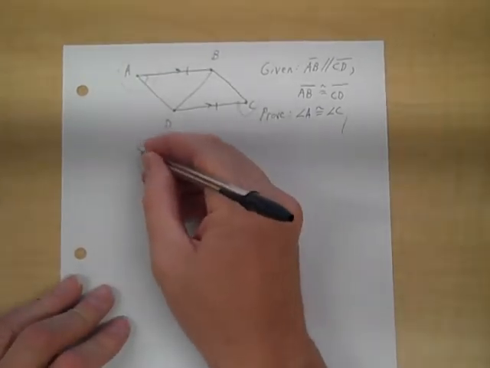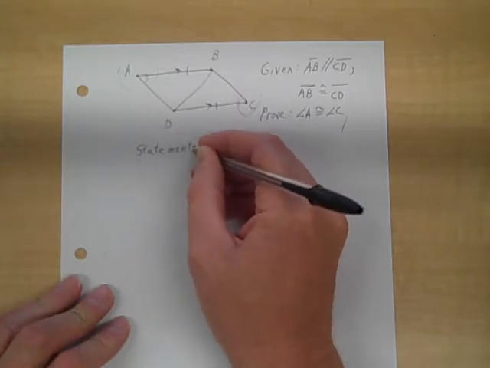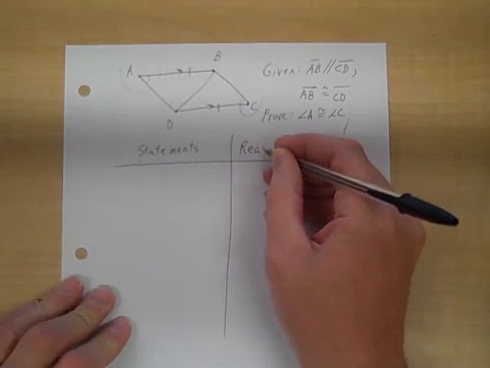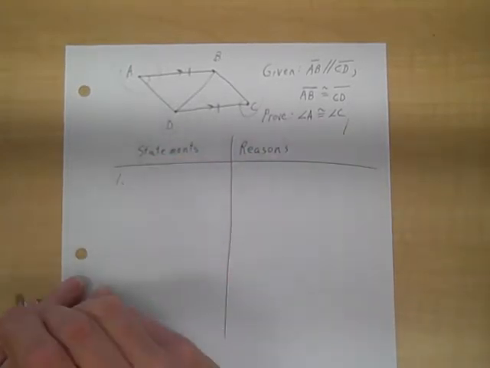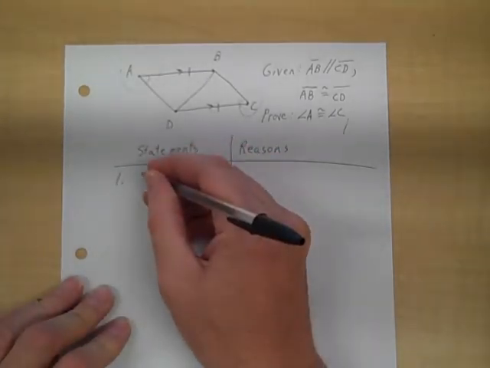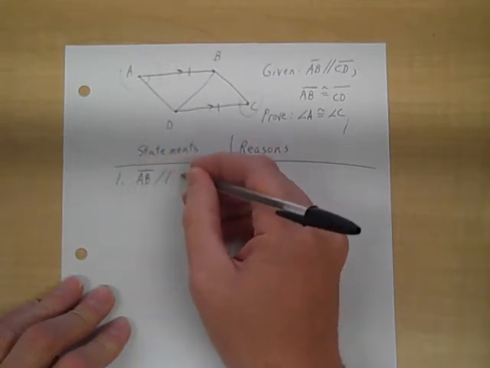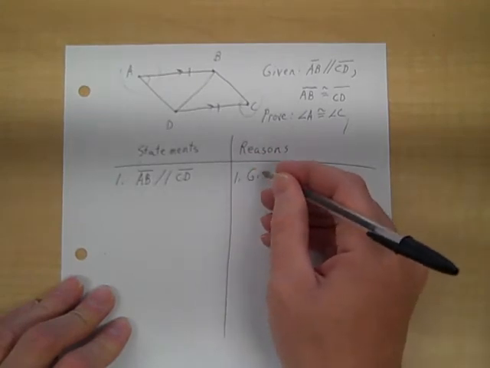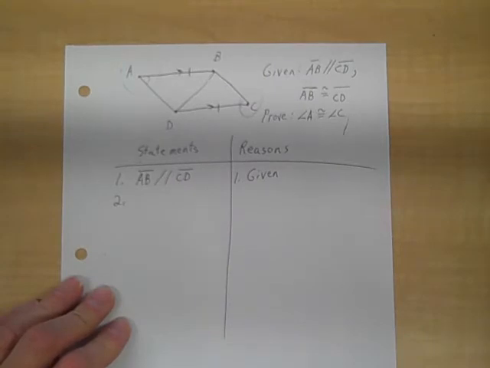All right, so let's make some statements. I might try this by not just listing both givens first. I might try to build off of each one. Let's build with the parallel. Segment AB is parallel to segment CD. All right, now if they're parallel, where's that going to help us?